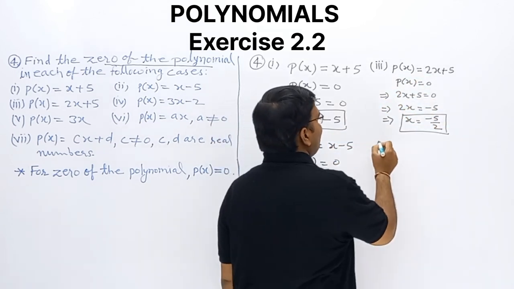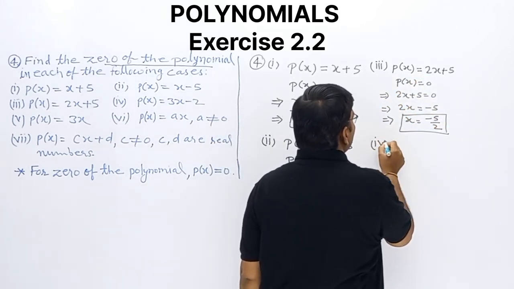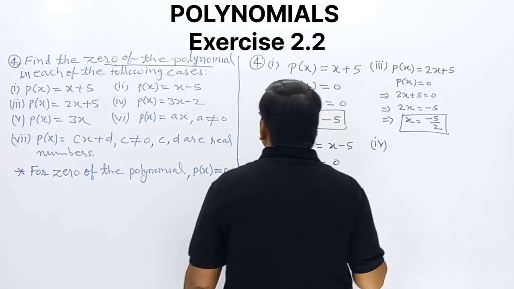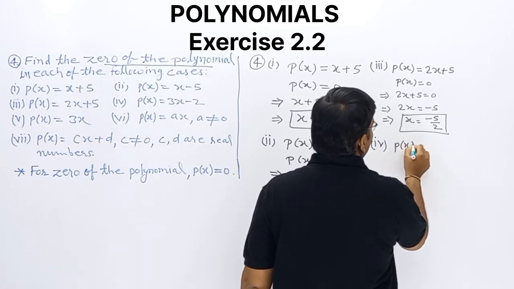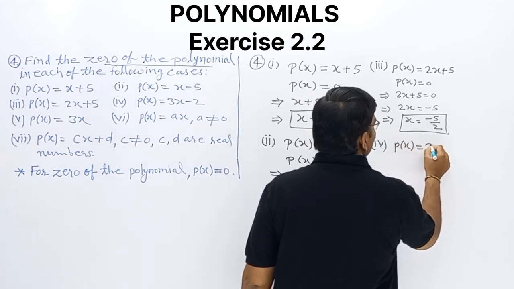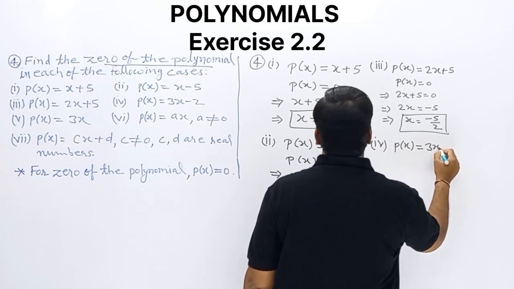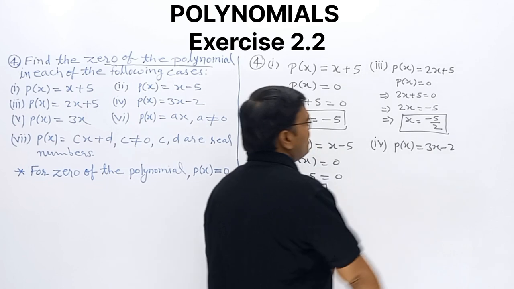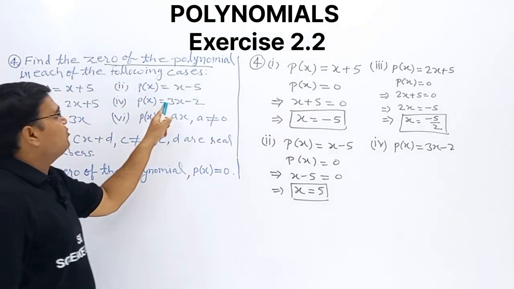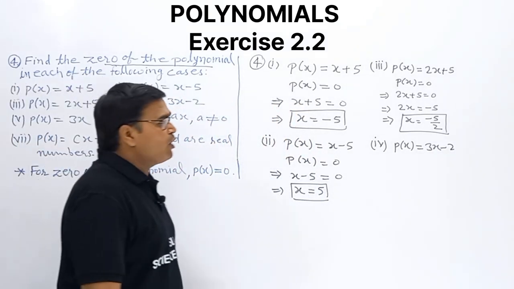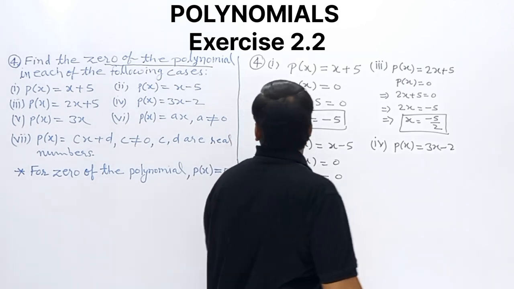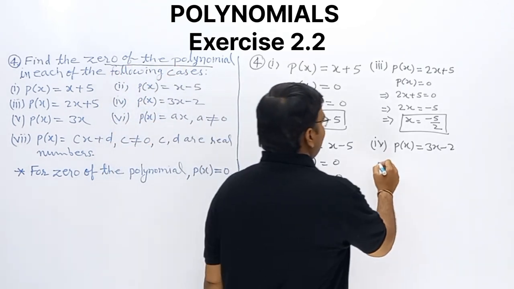Clear? Now I am taking the fourth one. What about this one? P of x equal to 3x minus 2. Observe carefully. What do we want? We want the zero of the polynomial.